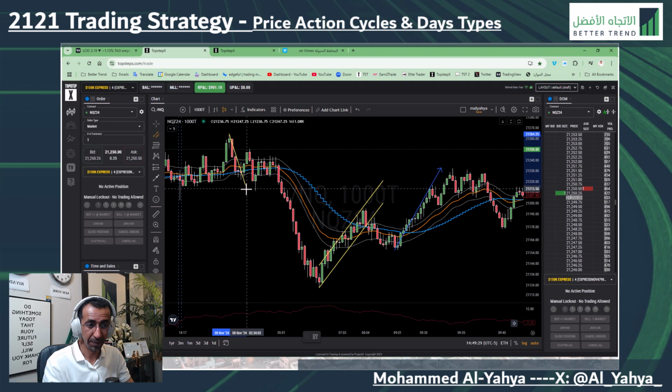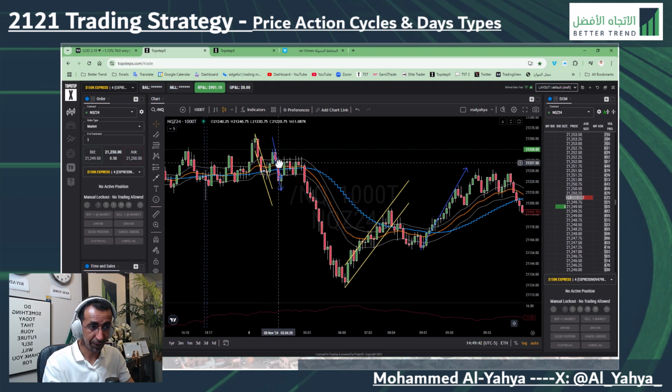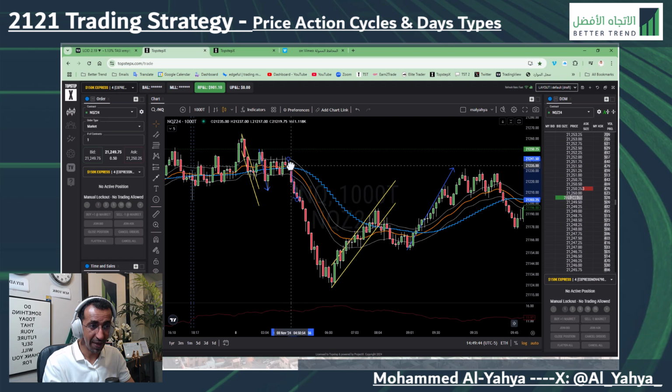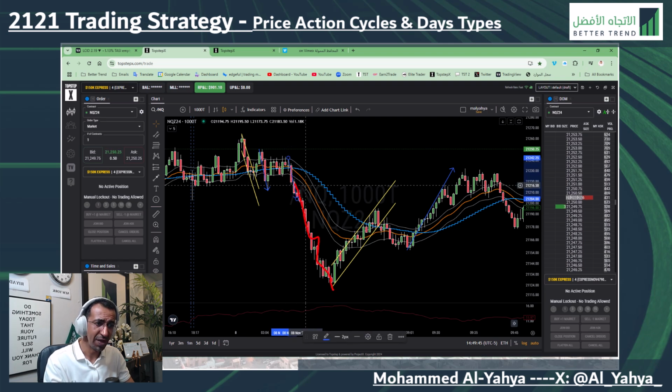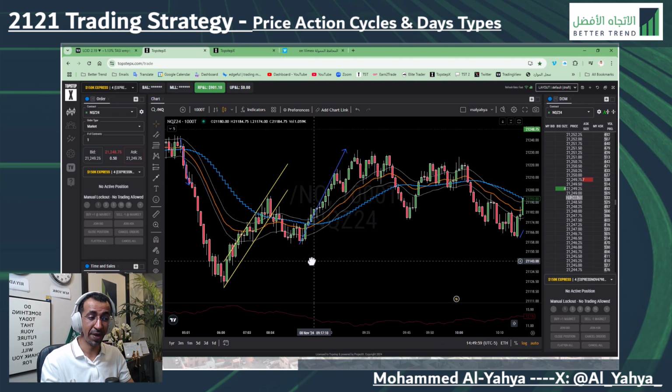Channel, break, then leg 1 from here to there. It touches the low, correction, and then leg 2. And then the market moves more. That means this is an extended one. Look for a bigger channel. We'll come to the extended one, how to draw it. However, focus on the basic one.